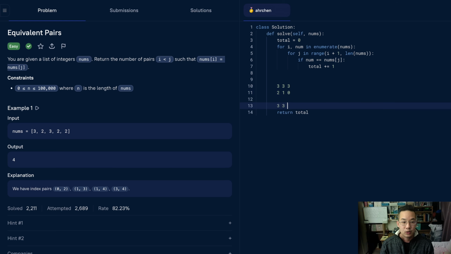So suppose we have 4 3s. It would be 3 times, 2 times, 1 time, 0 times. And suppose 5 3s, so that would be 4, 3, 2, 1, 0.